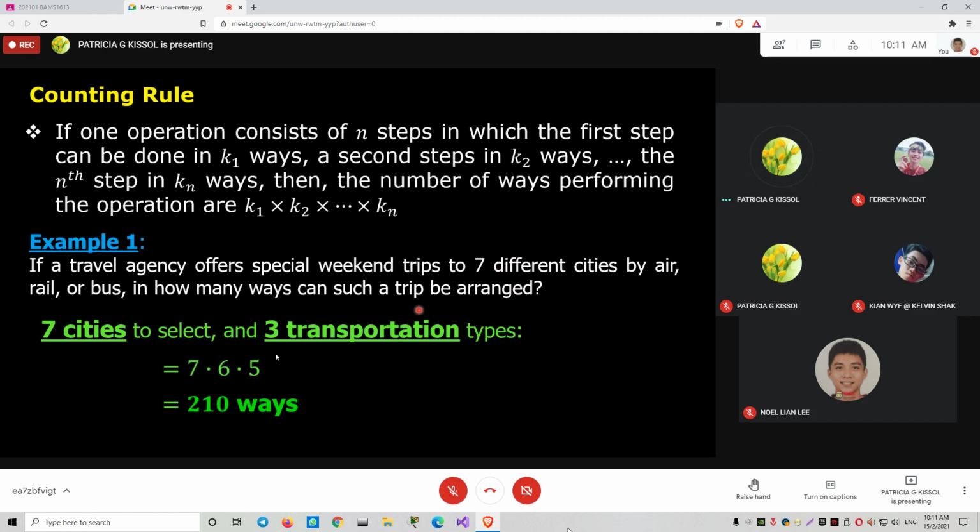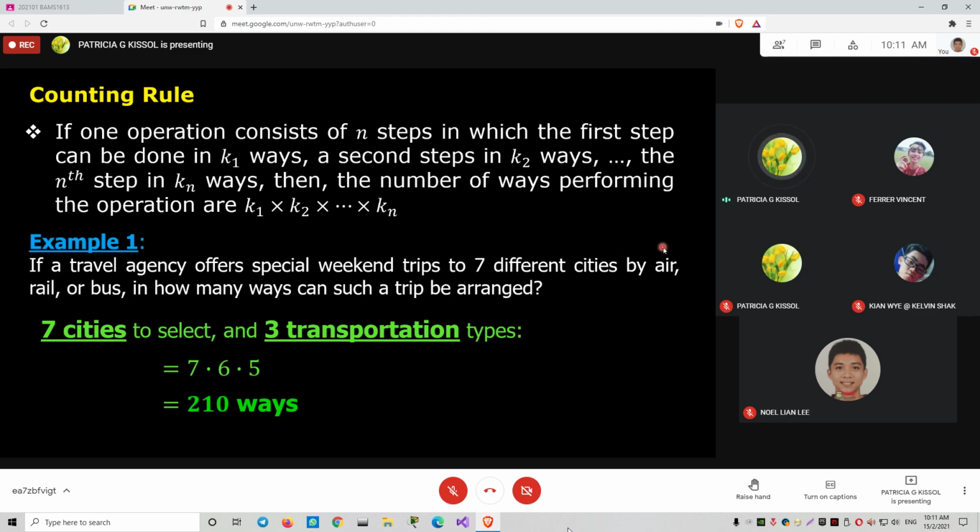Maybe I didn't say it correctly. You have 7 different cities, but you only have 3 modes of transportation. The question is a bit blurry. The 3 modes of transportation, you have air, rail, or bus.